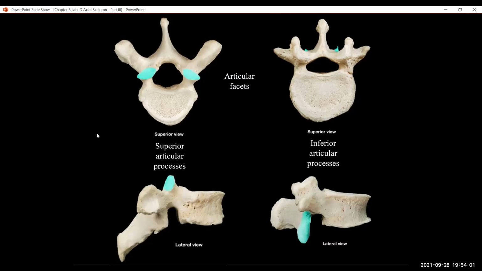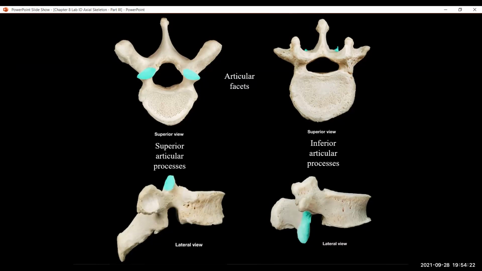Okay, quick review. Articular processes, real simple. If the articular process comes off the top part of the vertebra, it's the superior articular process. If the articular process comes off the bottom portion of the vertebra, it's the inferior articular process. And then we have this other structure called the articular facets.